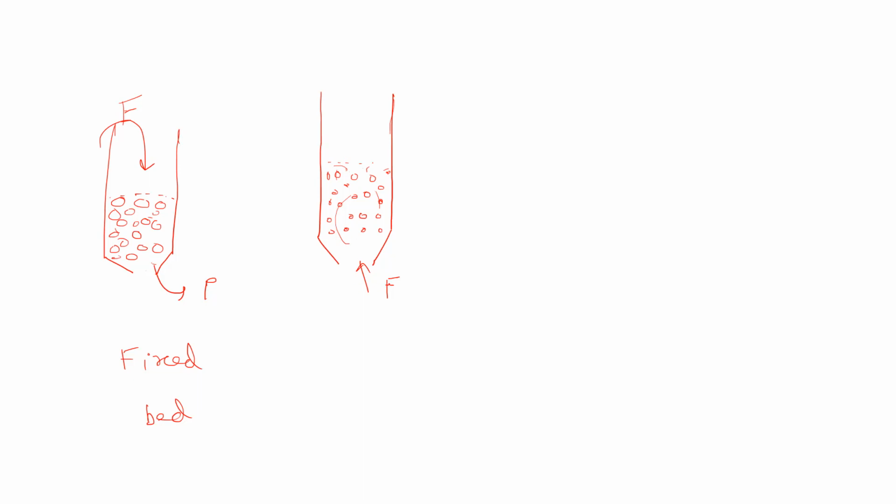If we increase the flow rate of the gas or liquid at a certain pace, this bed will expand to this, okay, and it will create a homogeneous kind of mixture, and product will be collected from the top, and this is called the fluidized bed.